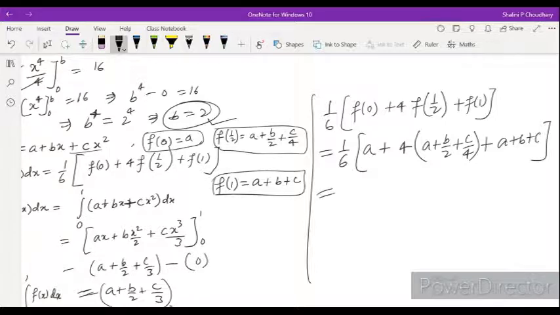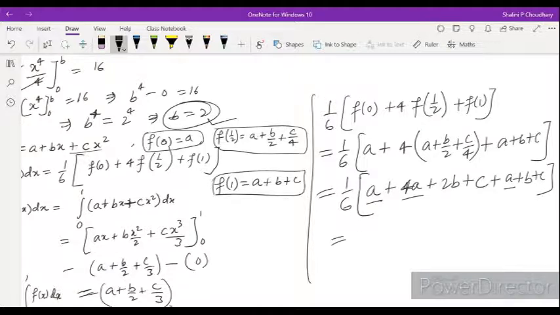So 1 upon 6 into a plus 4a plus 4 into b upon 2, which is 2b, plus 4 into c upon 4, which is c, plus a plus b plus c. So how many a's are there? a, 4a, 5a, plus a is 6a, and 2b plus b is 3b, and c plus c is 2c.